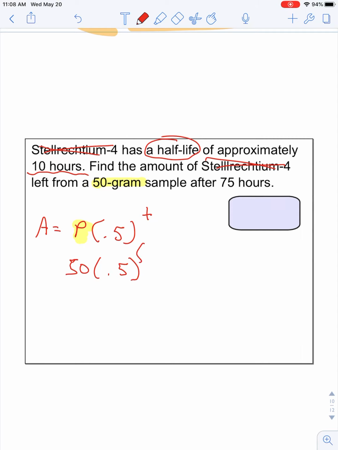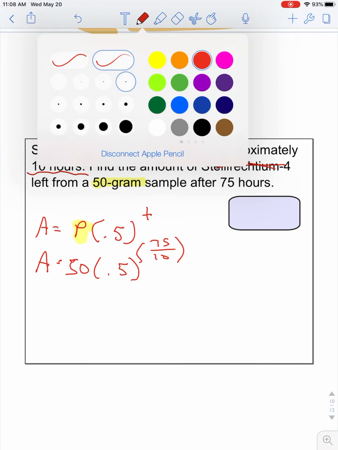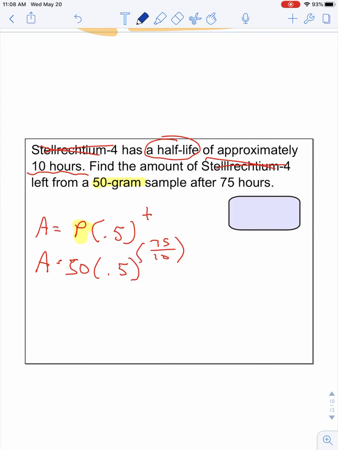So for my time I'm going to take 75 hours and divide it by 10. If I calculate all this, it should give me the correct answer. But again, 75 divided by 10 is really just raising it to the 7.5 power. Sometimes that might be easier for you than putting this extra parenthesis in there. But that's up to you.